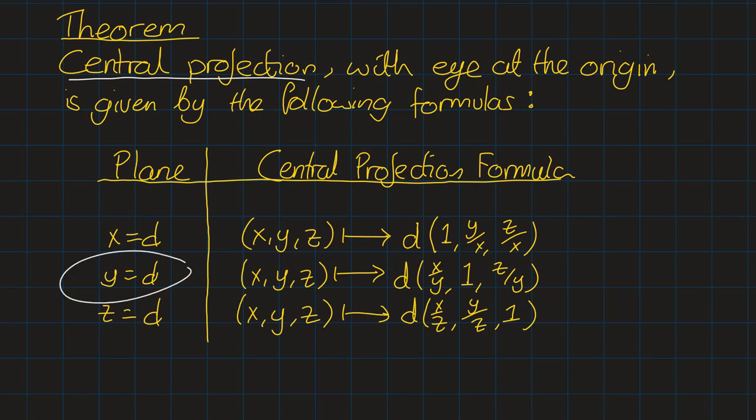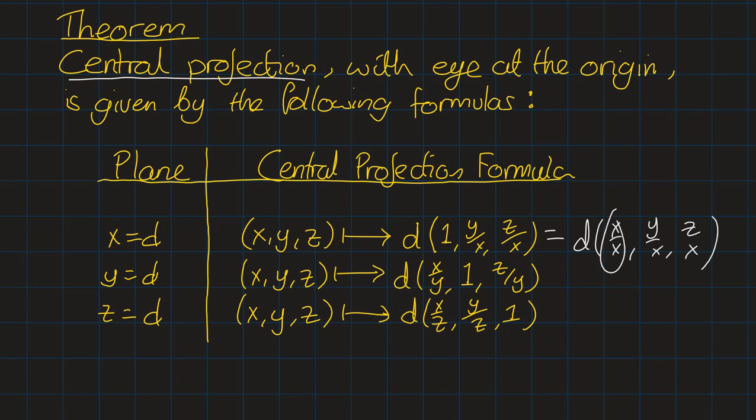If you're doing it onto the y plane, you divide all the coordinates by y. Obviously, 1 is the same as x divided by x, you just write it as 1 instead. So if you're centrally projecting onto a plane z equals d, times everything by d and divide everything by z.